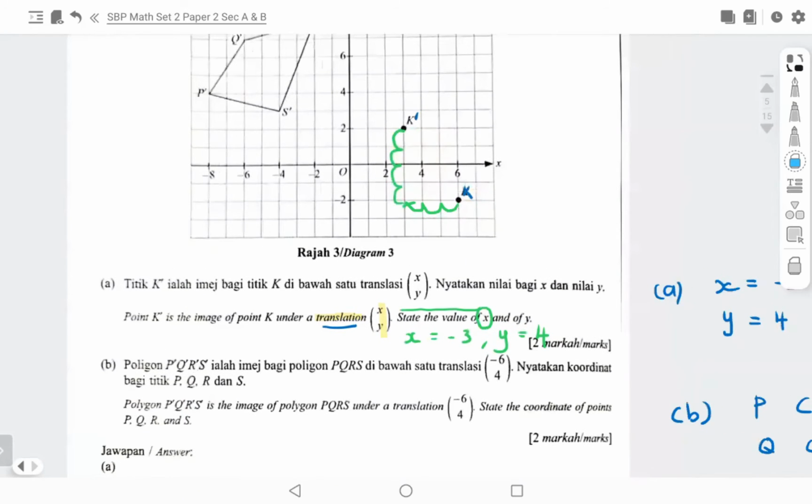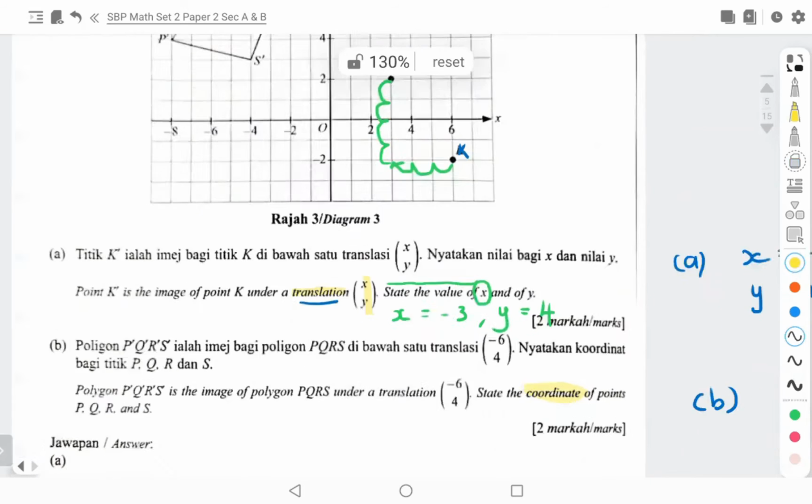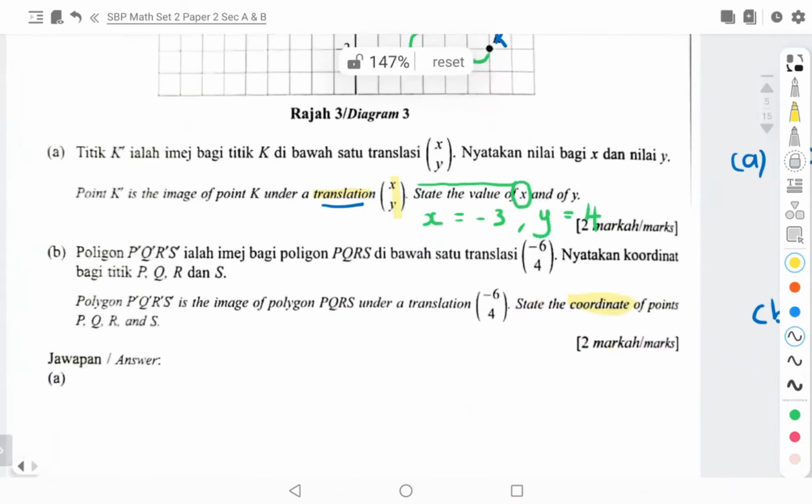Polygon PQRS apostrophe is the image of polygon PQRS under a translation -6 and 4. So state the coordinates of points PQRS. If you look carefully, coordinates of the image is given. You have to find back the original one.